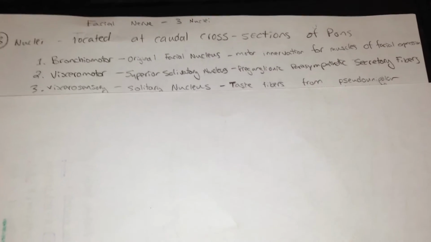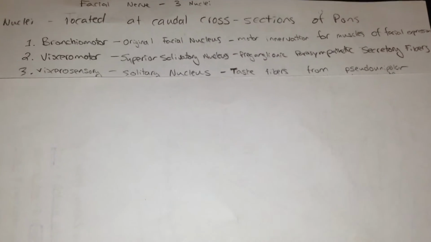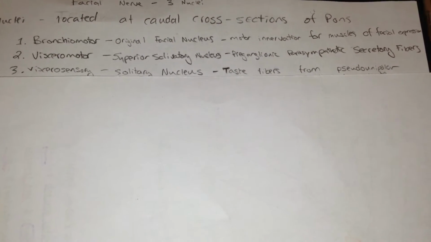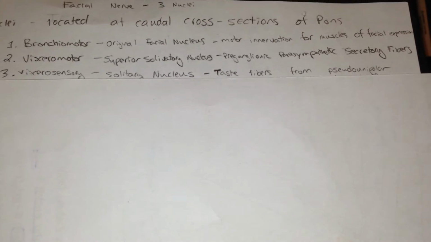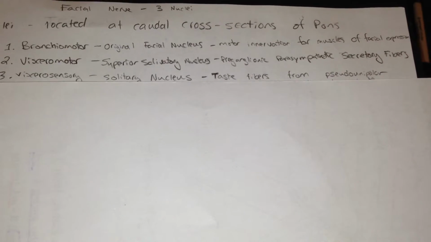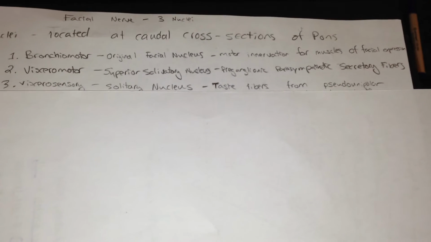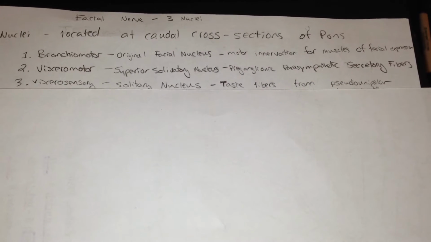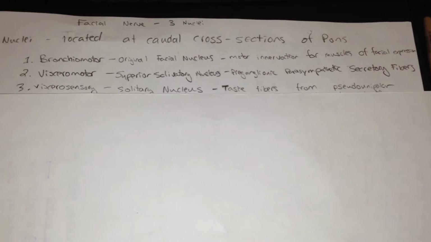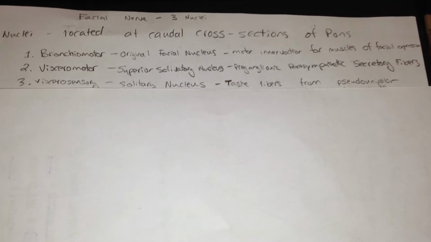The second nucleus is going to be visceromotor, and the visceromotor nucleus is going to be called the superior salivatory nucleus. The superior salivatory nucleus is going to give off preganglionic parasympathetic secretory fibers.